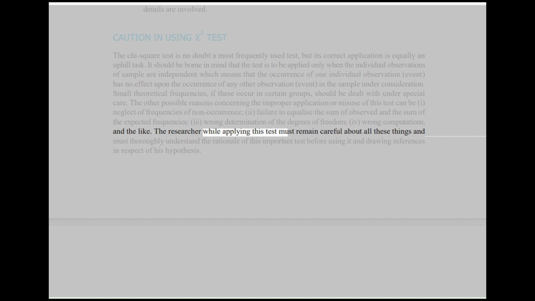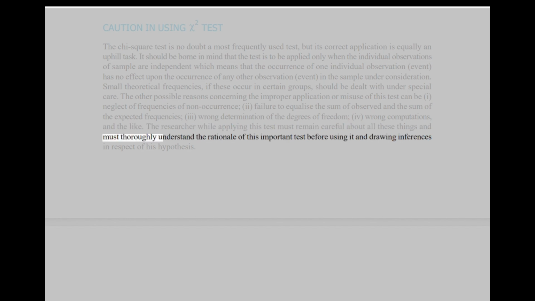The researcher, while applying this test, must remain careful about all these things and must thoroughly understand the rationale of this important test before using it and drawing inferences in respect of his hypothesis.